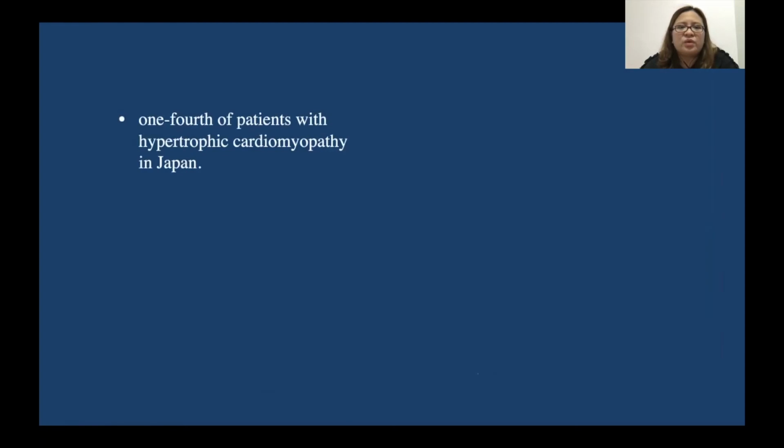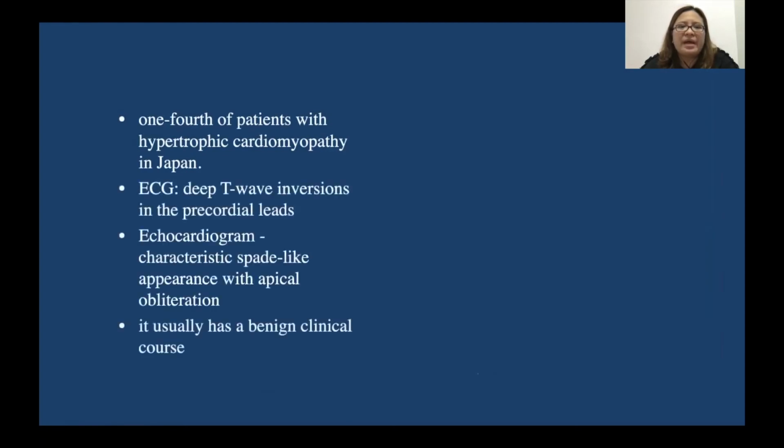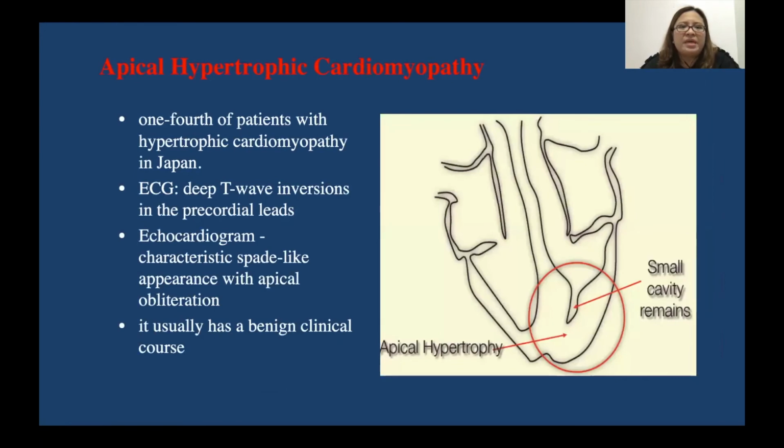One-fourth of patients with hypertrophic cardiomyopathy in Japan may present with apical hypertrophic cardiomyopathy. This is a rare type of HCM which involves the apical portion of the interventricular septum rather than the basal portion. On ECG, you can appreciate a deep T-wave inversion in the precordial leads, and on 2D echo, there is a spade-like appearance with apical obliteration.